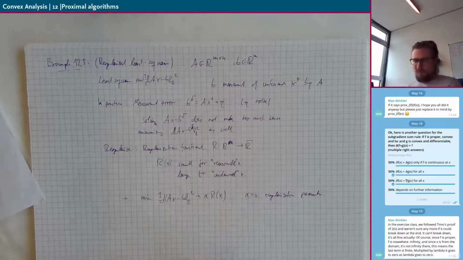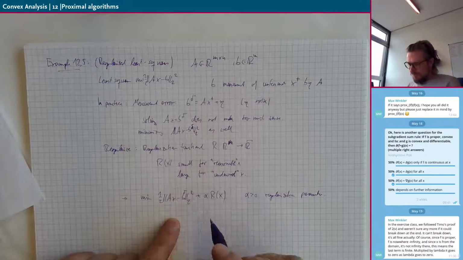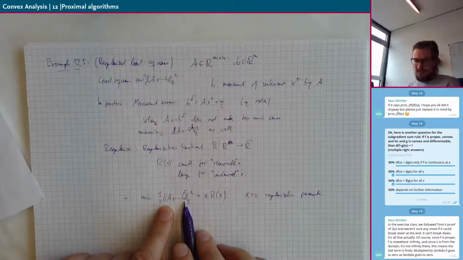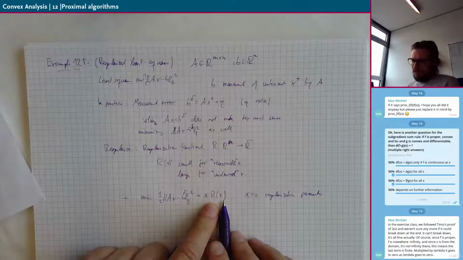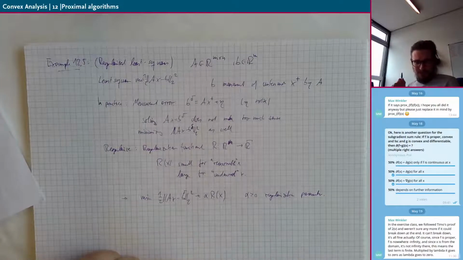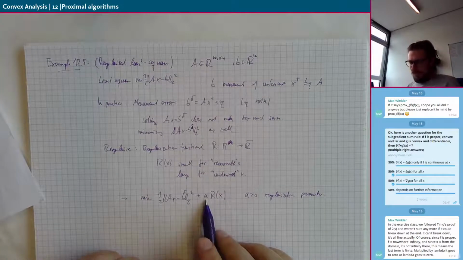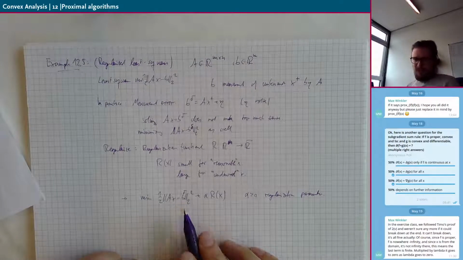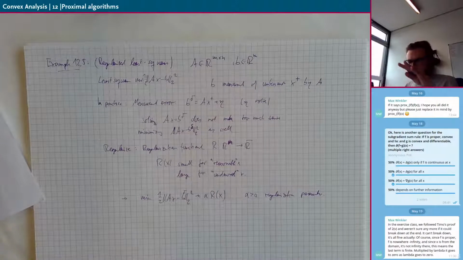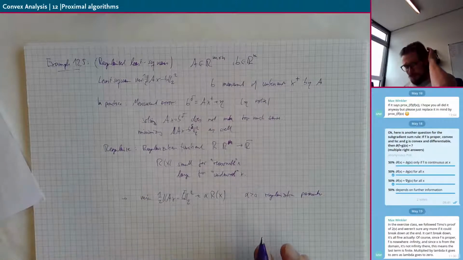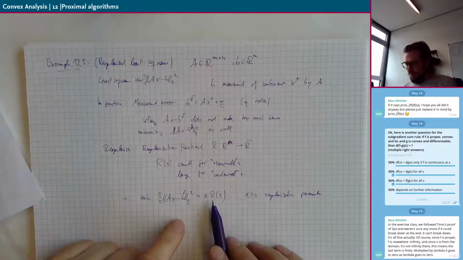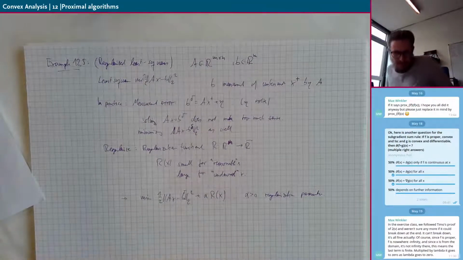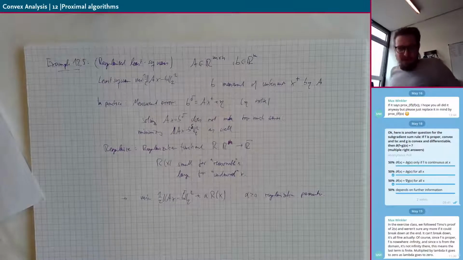So now we have a trade-off between explaining your measurements b delta, and being reasonable. If alpha is large, you say, well, I need to be reasonable. If alpha is small, you say, well, I want to explain my b delta. With alpha between large and small, you can tune between what's more important, being reasonable or explaining the data. That's the so-called regularized least squares problem.